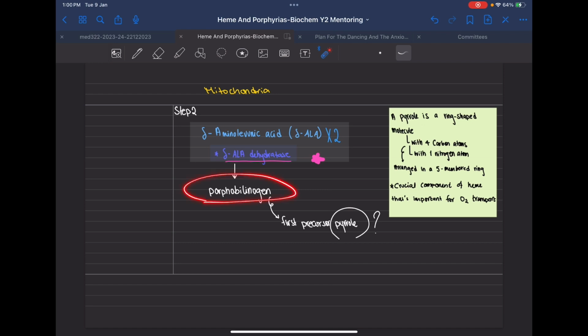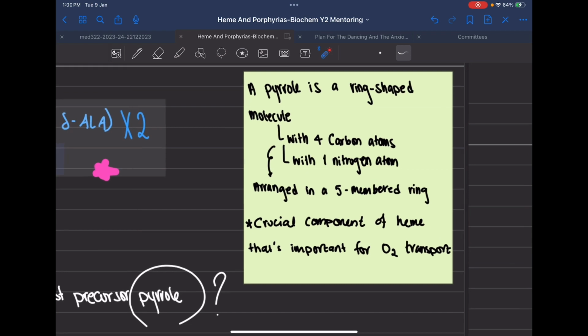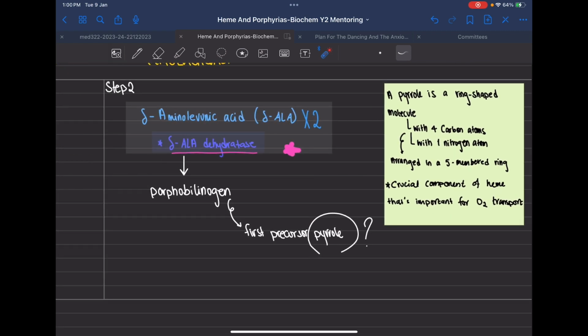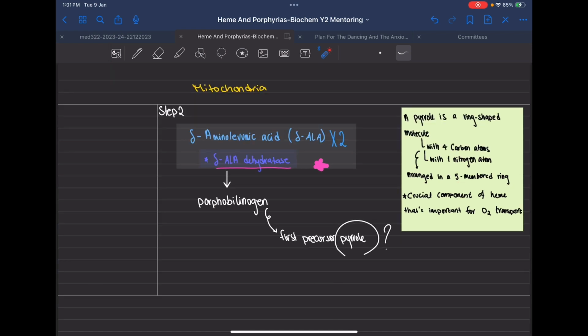And this porphobilinogen is called a pyrrole, and it's our first precursor pyrrole. So what does this actually mean? A pyrrole is a ring-shaped molecule with 4 carbon atoms and 1 nitrogen atom arranged in a 5-membered ring. And it's a crucial component of heme that's important for oxygen transport.